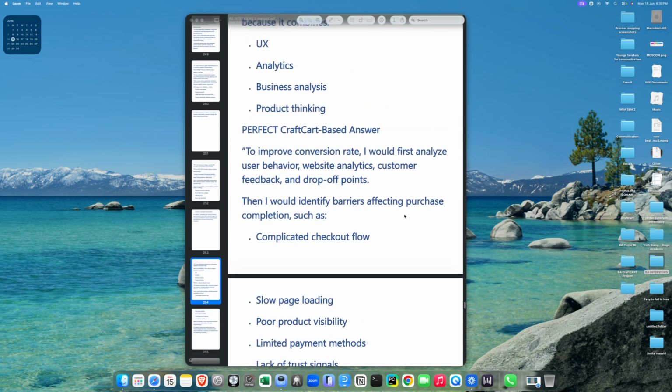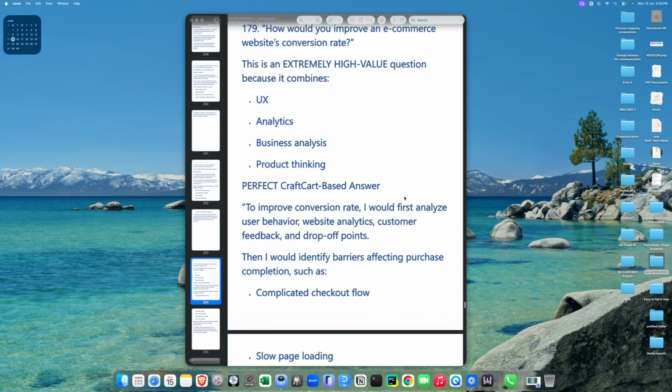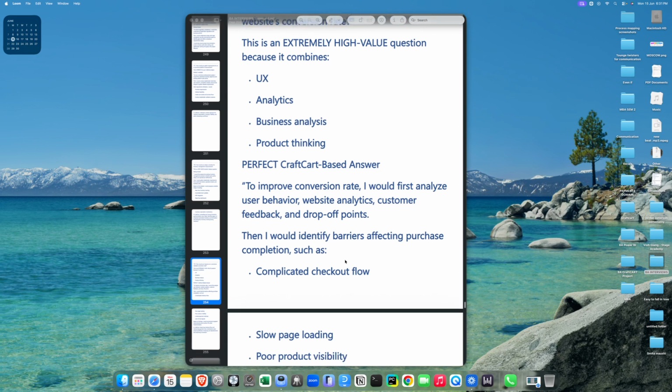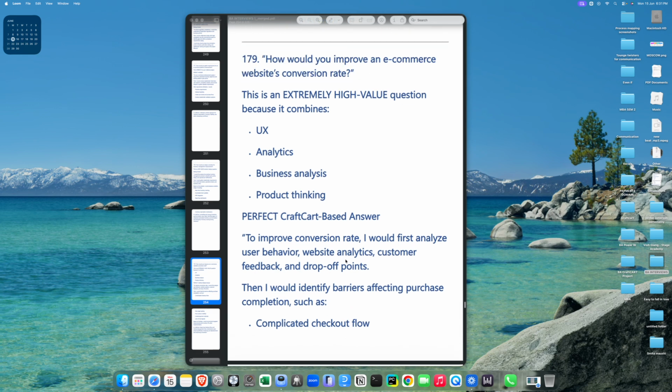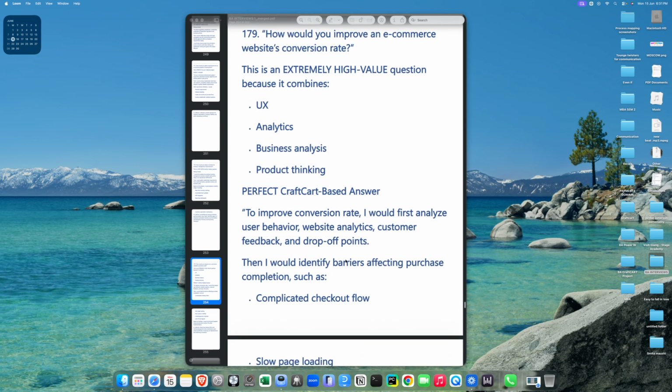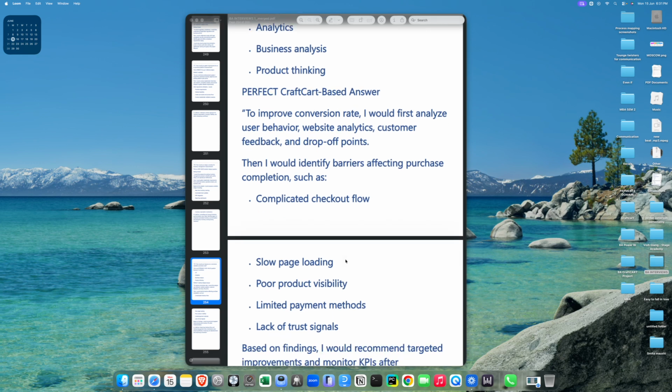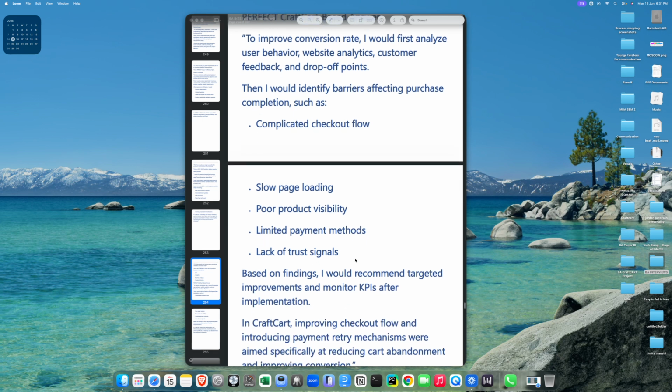So as you can see, to improve the conversion rate as a BA, the first thing is to analyze user behavior, website analytics, customer feedback, and drop-off points. Then the second task is to identify barriers affecting the purchase completion, such as complicated checkout flow, slow page loading, poor product visibility, limited payment methods, and lack of trust signals.